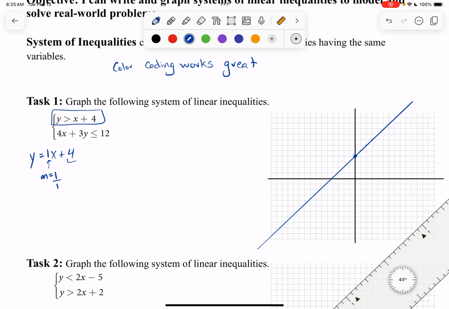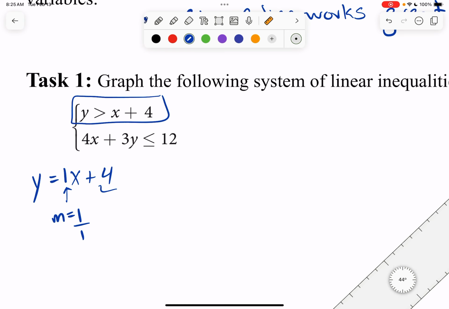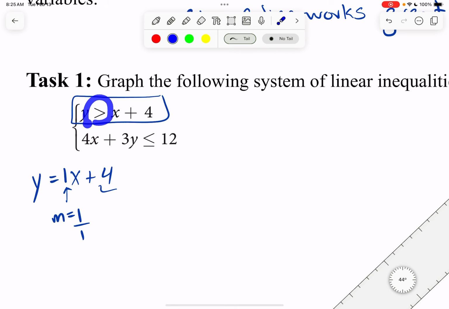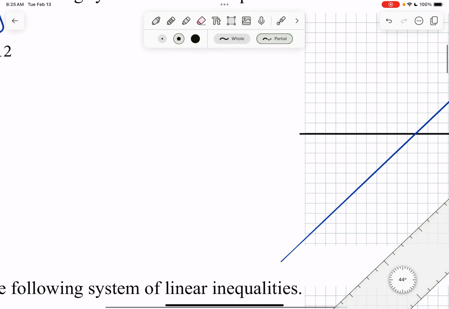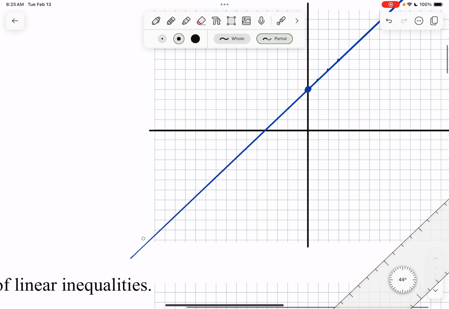Okay. And then we need to figure out, first of all, it is strictly greater than, not equal to. So this line needs to be dashed. I need a dashed line. So I'm going to grab my eraser and we're just going to erase chunks of it, make it dashed.